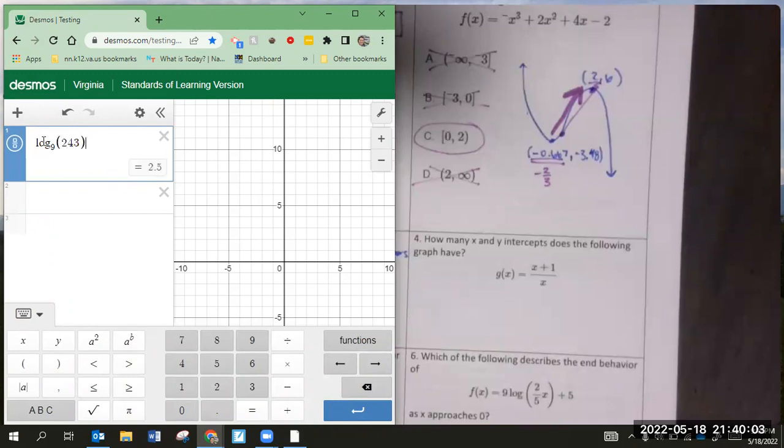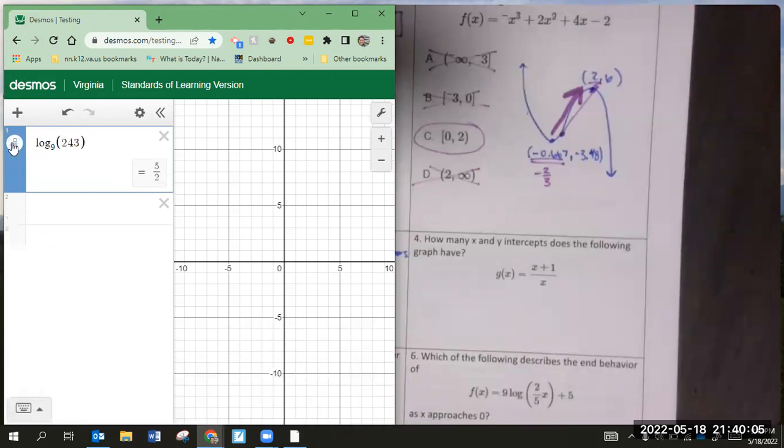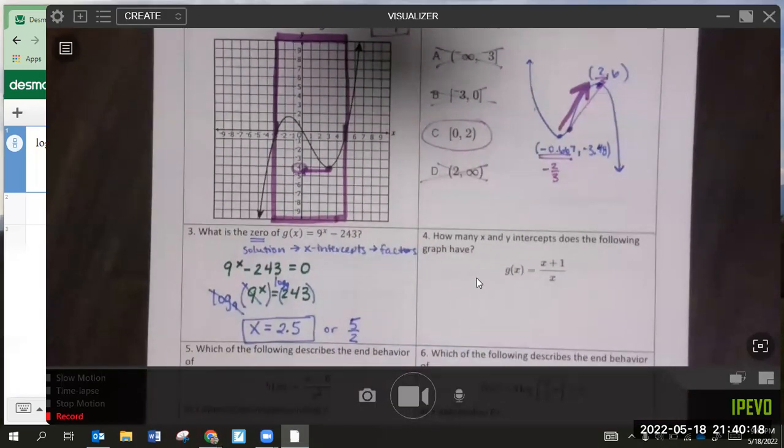And that is 2.5, or if we want a fraction, 5/2. Now it doesn't say what to leave my answer in, so we're going to write 2.5, but we're also going to have, just in case you wanted to know, it is 5/2.